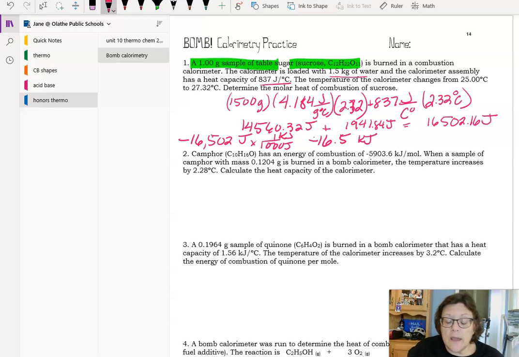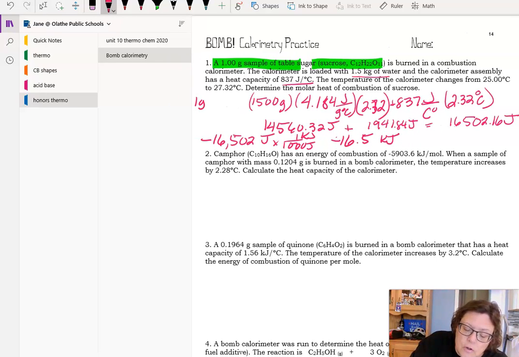How much sugar did we have? Go back to the beginning. We had 1 gram of sugar. How many moles is that? So we now have to calculate 1 gram of sugar divided by the molar mass of sucrose. Sucrose's molar mass is 342 grams per mole. So if I take 1 divided by 342, I get 0.00292 moles.